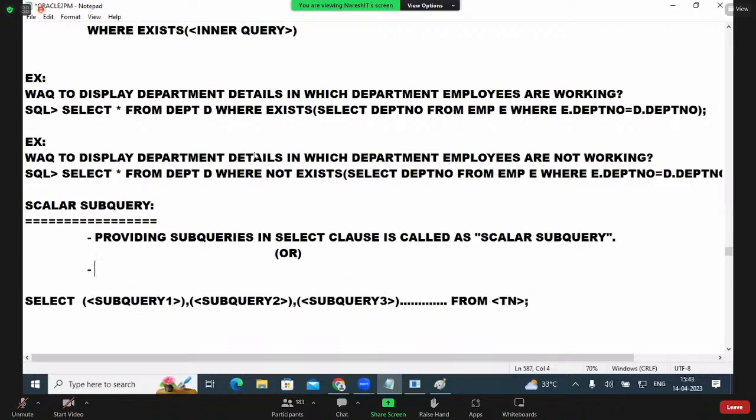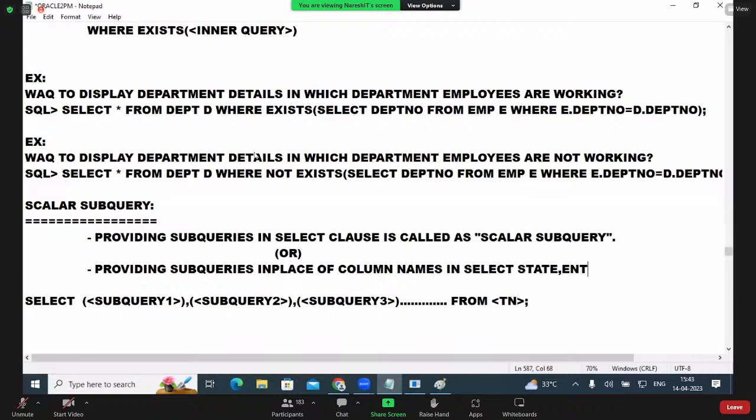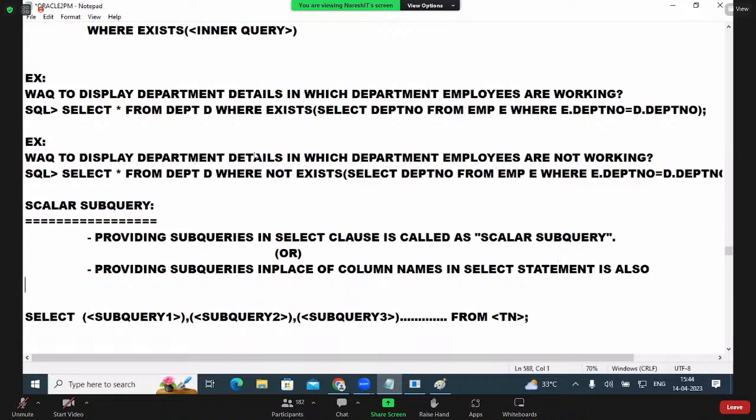Otherwise, providing subquery or subqueries in place of column names in select statement is also called scalar subquery.